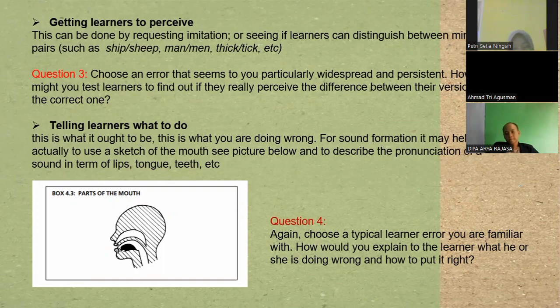Telling learners what to do. The next stage for some learners may be some kind of explicit exhortation: this is what it ought to be, this is what you are doing wrong. For some sounds, it may actually be necessary to use a sketch of the mouth and to describe the pronunciation of a sound in terms of lips, tongue, teeth, and so on.